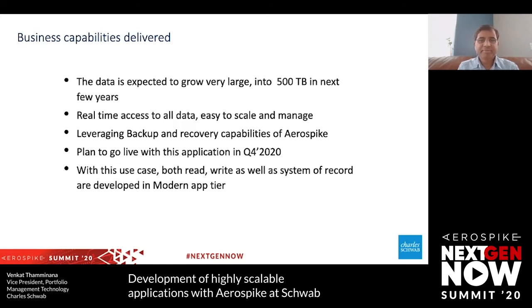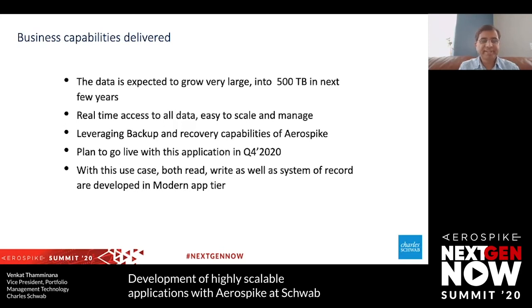We are leveraging all the capabilities like rack-aware clusters and the XDR capabilities, because we are running in multiple data centers, and within each data center we have multiple network cores. So we are running a no shared architecture in terms of deployment.